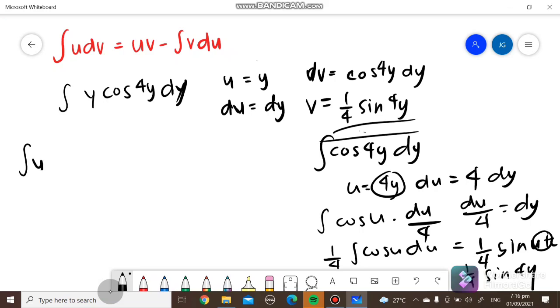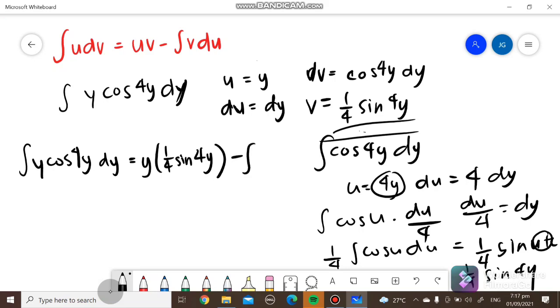Okay, so let's head on to the real deal, which is the integration by parts. We have the integral of y cosine 4y dy is equal to u, which is y, multiplied by v, which is 1/4 sine 4y, minus the integral of v, which is 1/4 sine 4y dy.